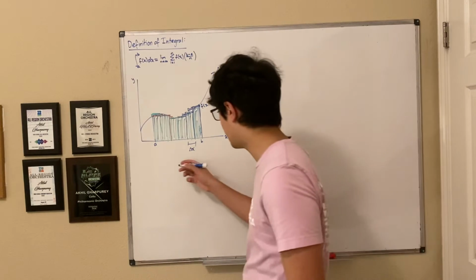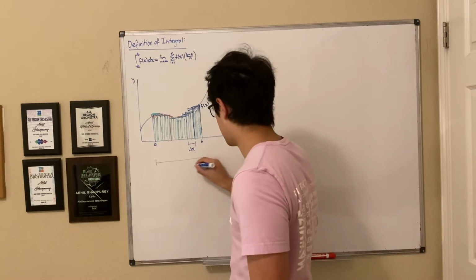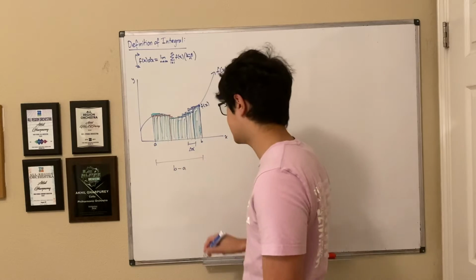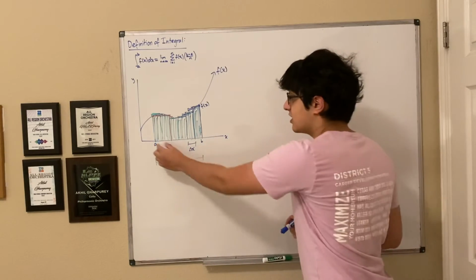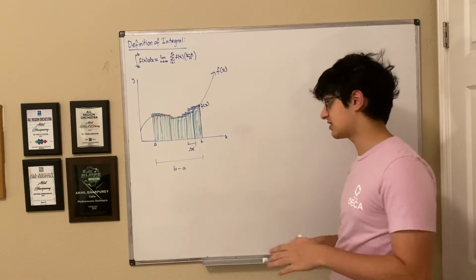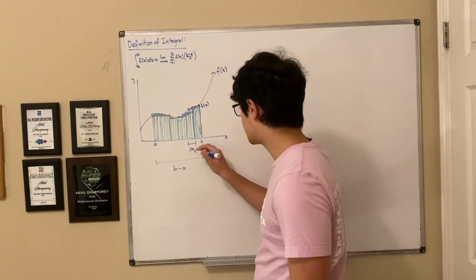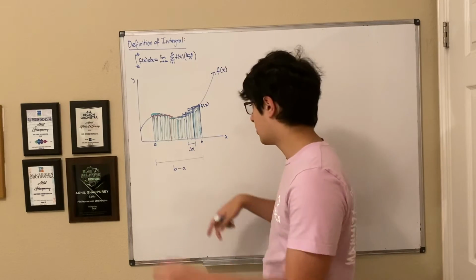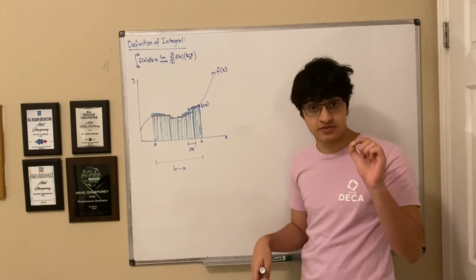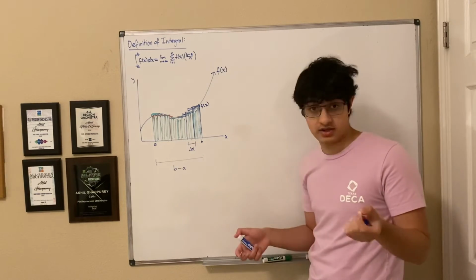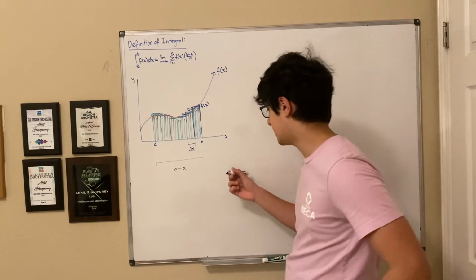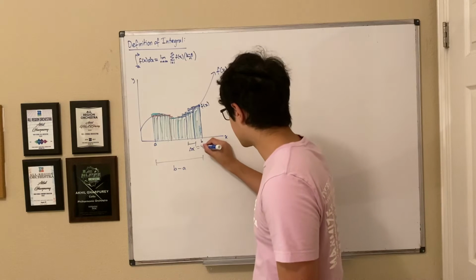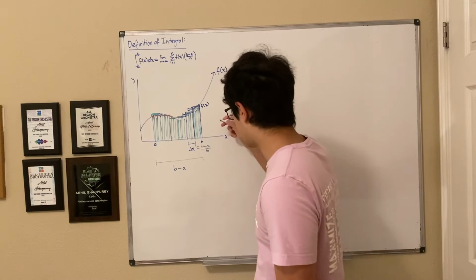Now, why is that? Well, you can think about it geometrically. If we have this distance b minus a, and then you divvy it up among a finite amount of rectangles, then you would just have delta x as one of the 6 divvied up pieces, or 1/6 of b minus a. So we can say that delta x is b minus a over n.